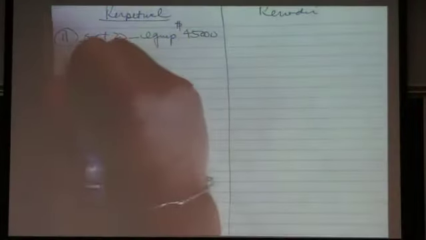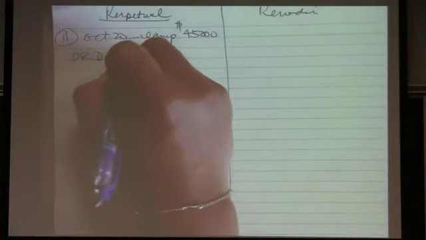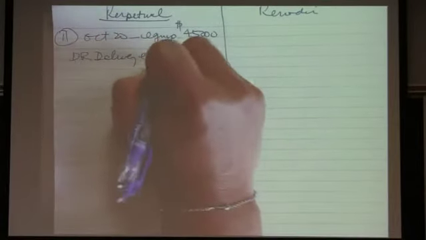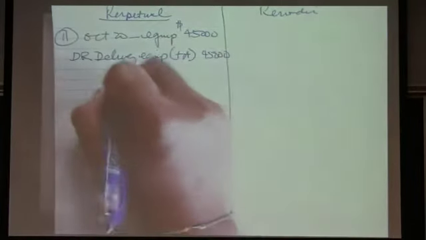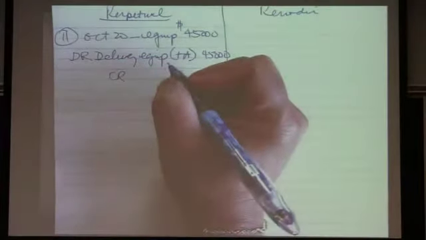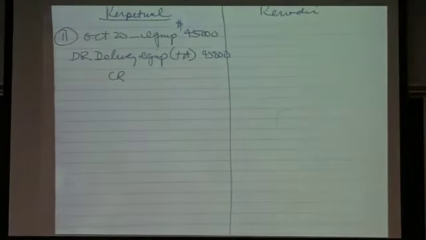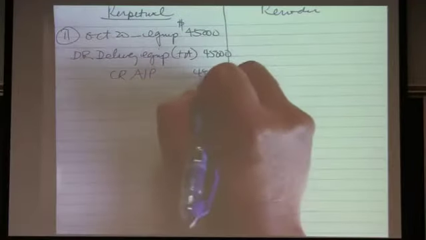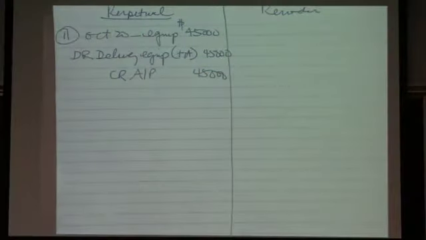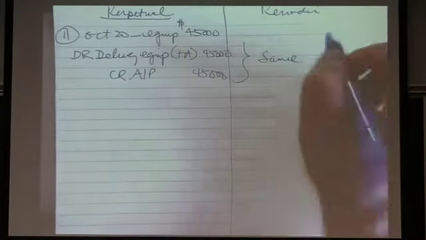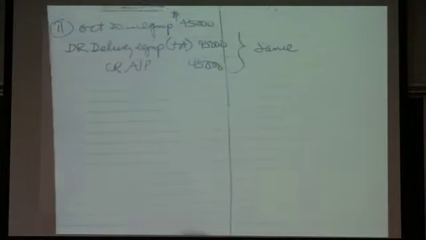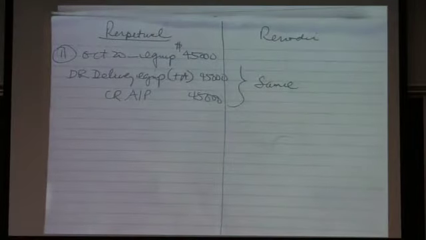So we're going to debit delivery equipment. It's an asset. For $45,000, we're going to credit on account, which means that we have to set up some sort of liability, so accounts payable, $45,000. And of course, it's the same under the periodic inventory system. Remember, the only difference between the two is the accounting for inventory. So in the case of buying a capital asset, it would be the same.